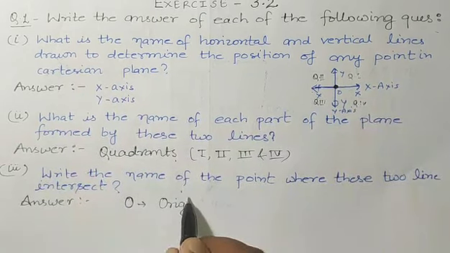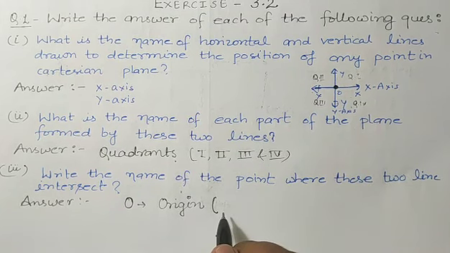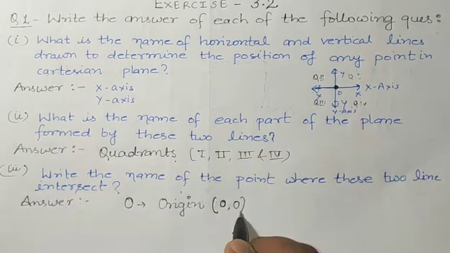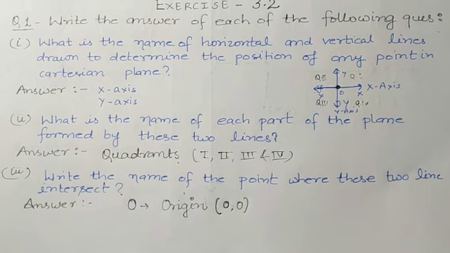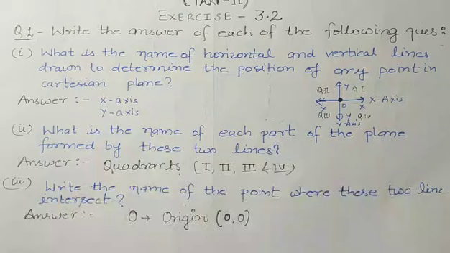Origin. And what is the coordinate of origin? Here the x is 0, meaning abscissa is 0, ordinate is also 0, so the coordinate of this point, the origin, is (0, 0). Okay students, so like this we will do the first question of exercise 3.2.